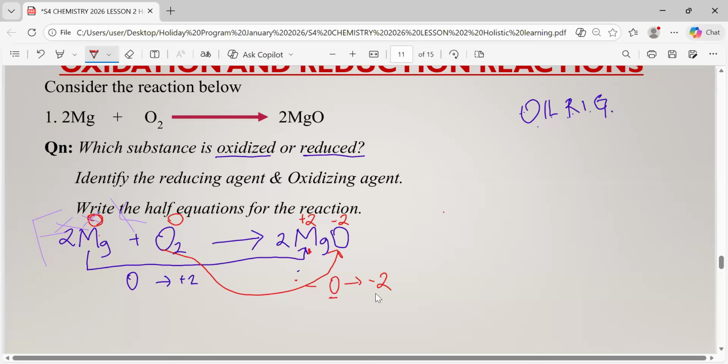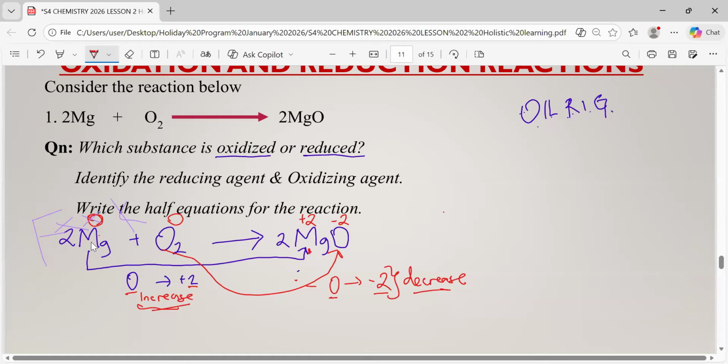Are these numbers increasing or reducing? For magnesium, is it increasing or reducing? Here it is coming from 0 to positive 2, so we see some increase. Here it is coming from 0 to negative 2, so here there is a decrease in oxidation state. Here there is an increase in oxidation state.